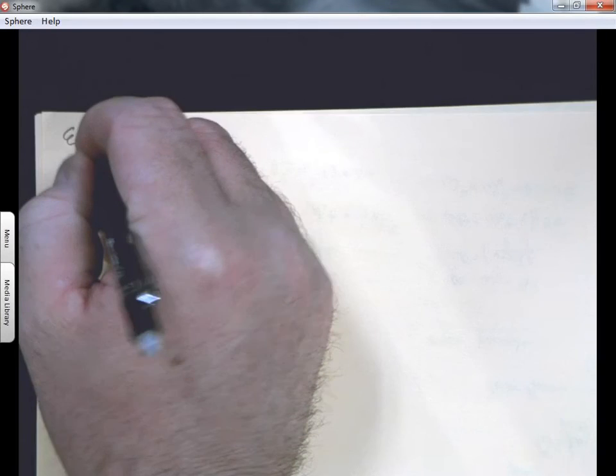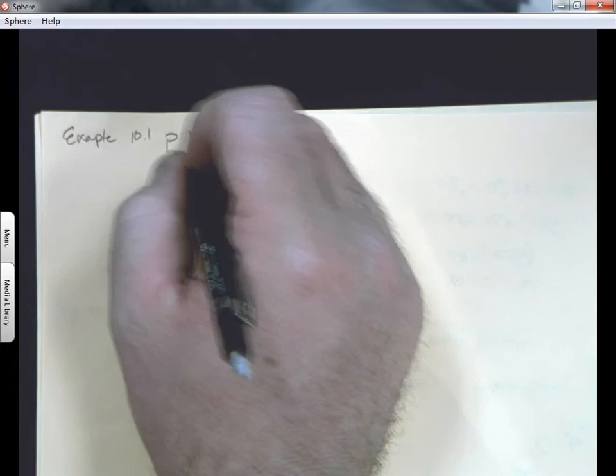So I'm going to give you an example here. It's example 10.1 on page 297.